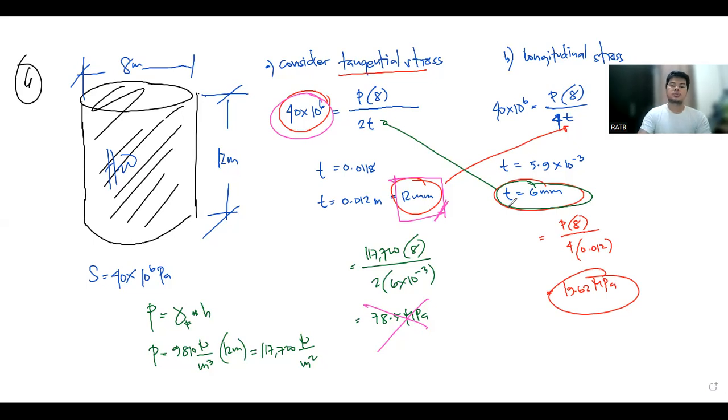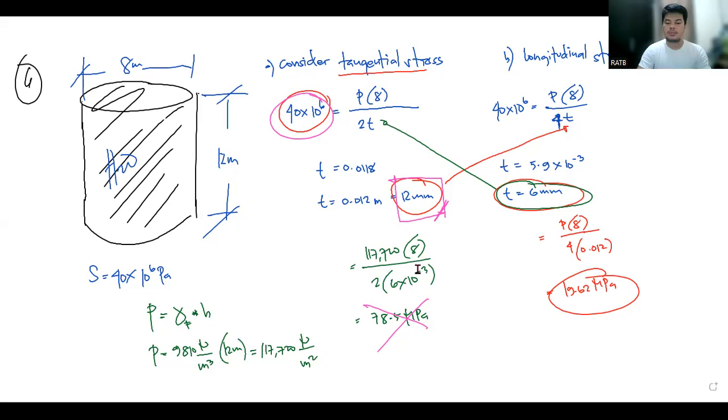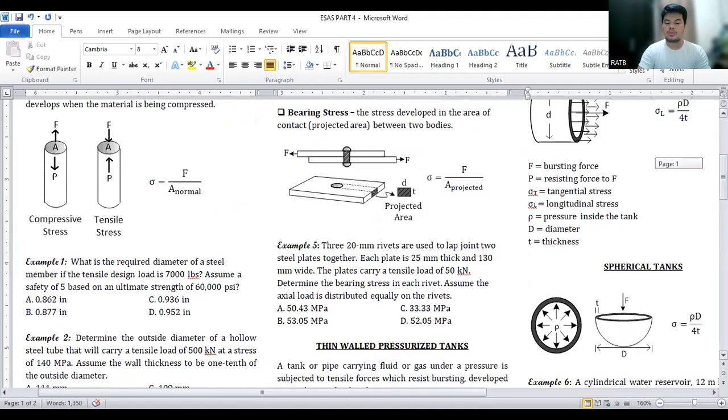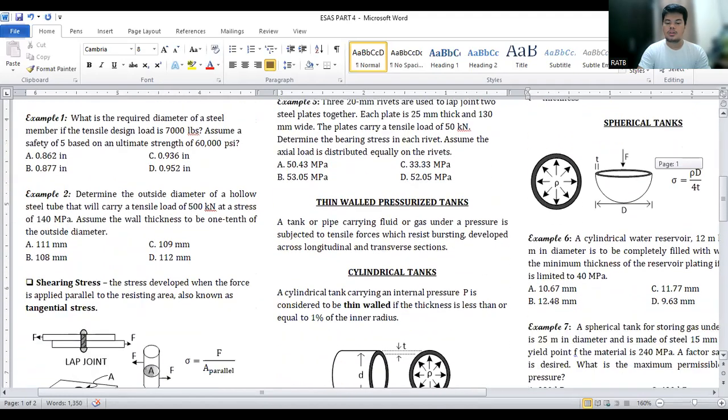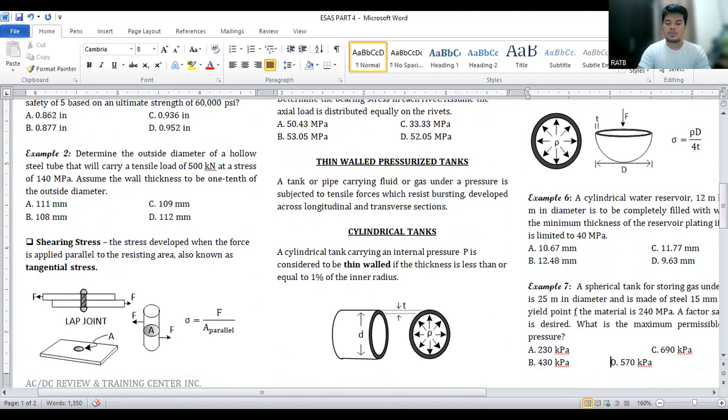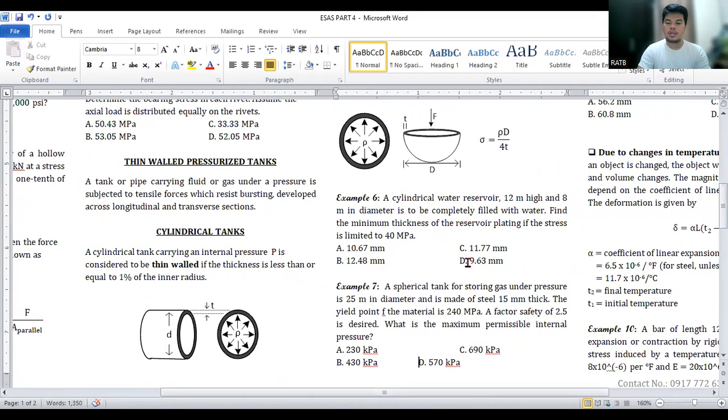So that's for item number 6. Let's take a look at the answer, 12 mm. You have there 11.77 mm, or around 12 mm.